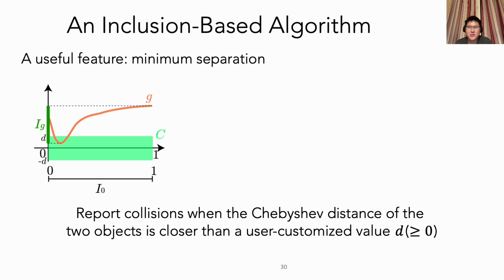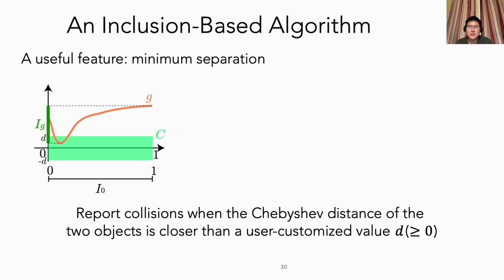Instead of checking if the inclusion function intersects the origin, we check if it intersects an interval from minus d to d, which is in light green in this figure. In 3D, the interval will be extended into an axis-aligned cube.